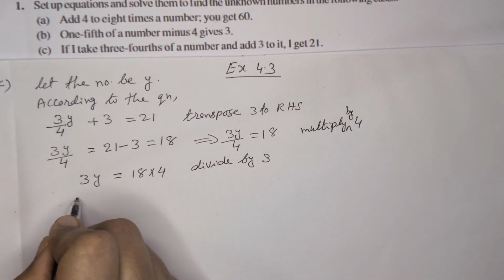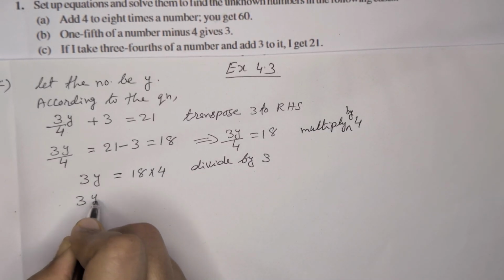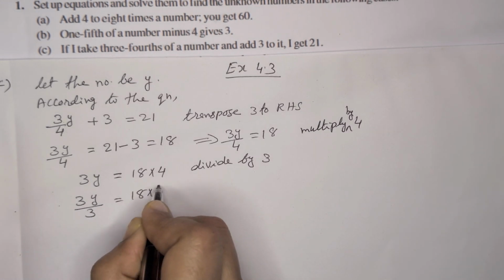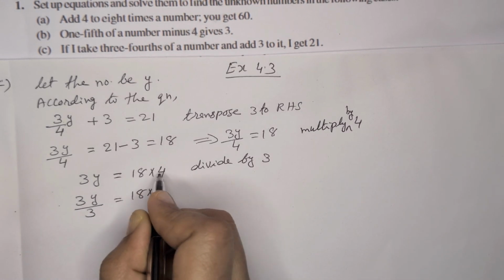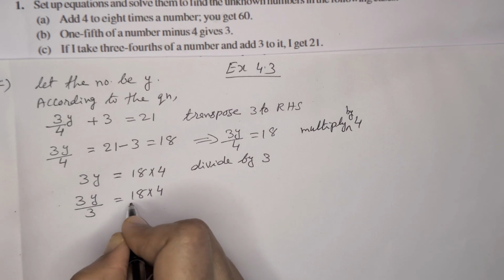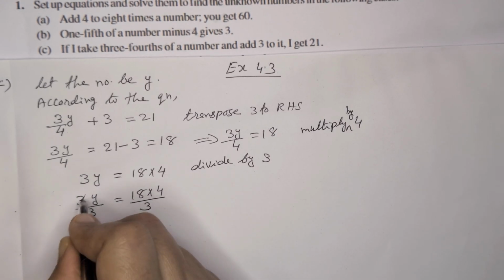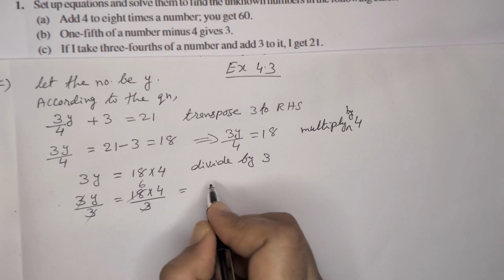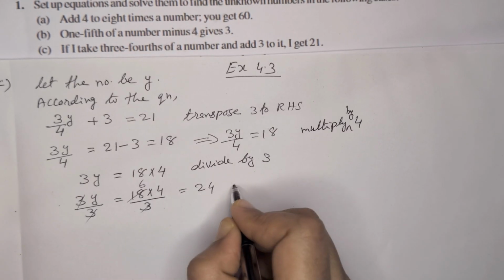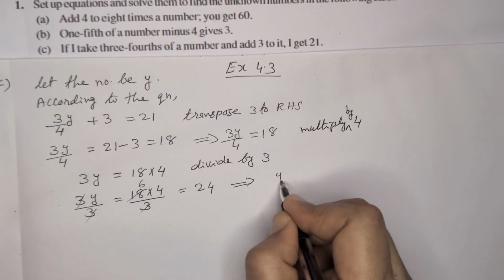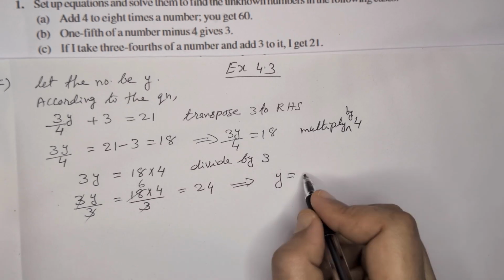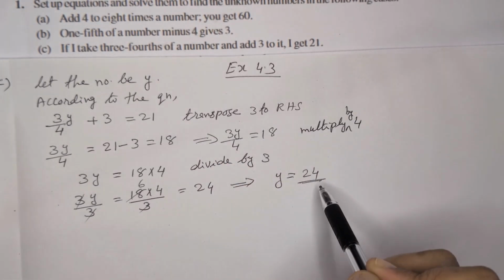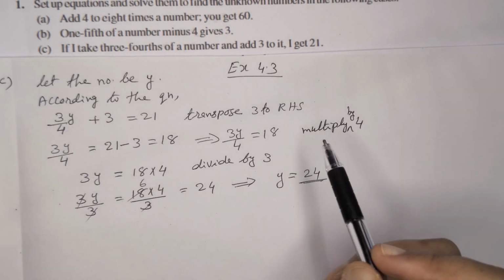When we are dividing both sides, 3y by 3 is equal to 18 into 4 by 3. No need to take the product, just keep it the same. So this 3 will cancel, here 6. 6 4s are 24. So which implies y is equal to 24. So the number that is coming is 24.